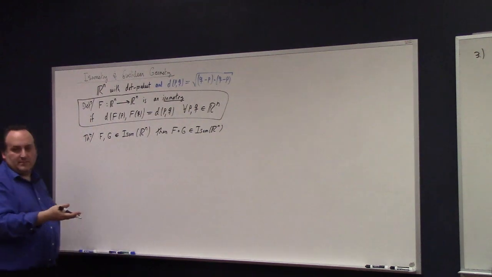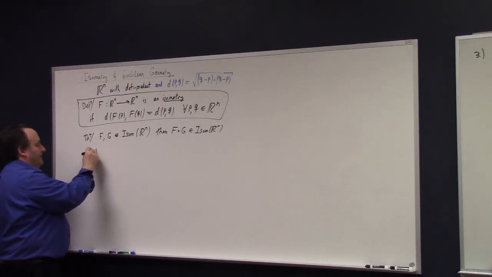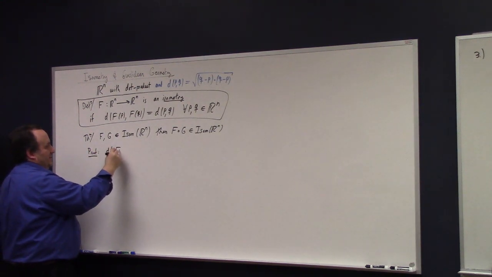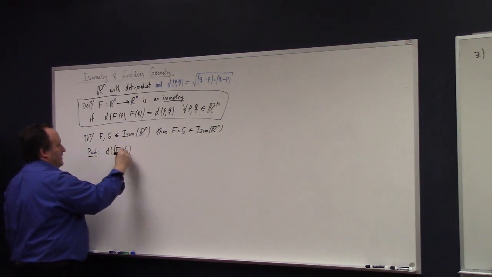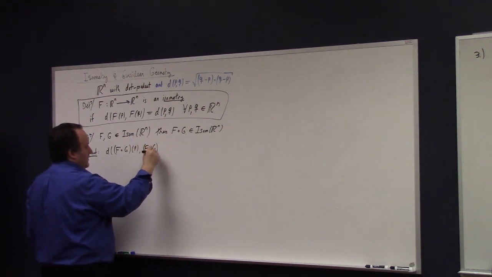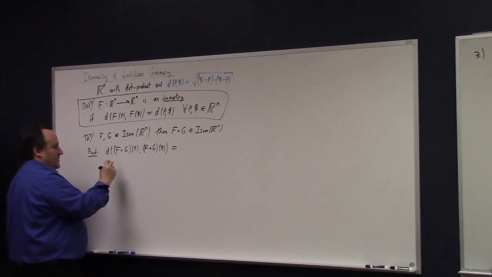How do you prove that? Very easy, right? So the distance of F composed with G of P, comma, F composed with G of Q is what?